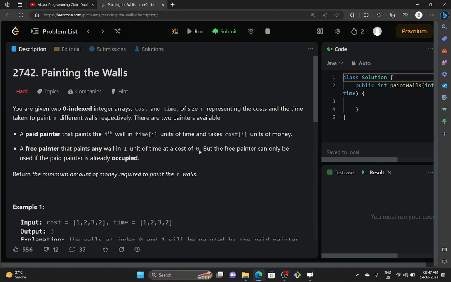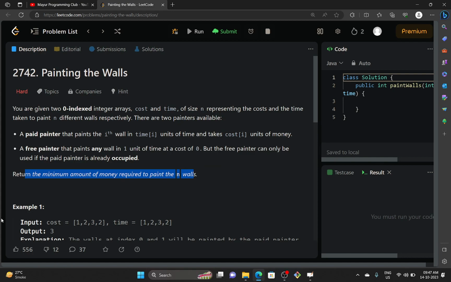He will not charge you anything. But there is a constraint: the free painter can only be used if the paid painter is already occupied. Return the minimum amount of money required to paint n walls.